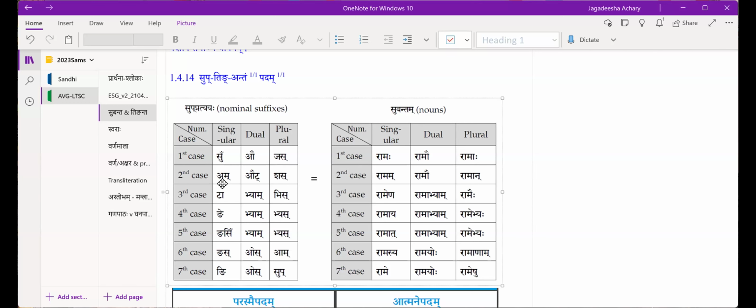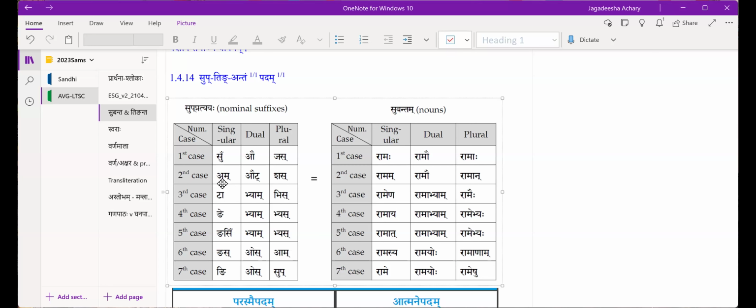For example, Rama plus Su will become Ramaha, whereas Sita plus Su will become Sita only, because there are certain rules.